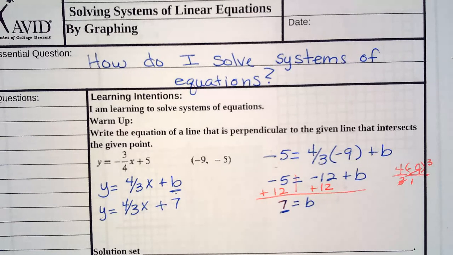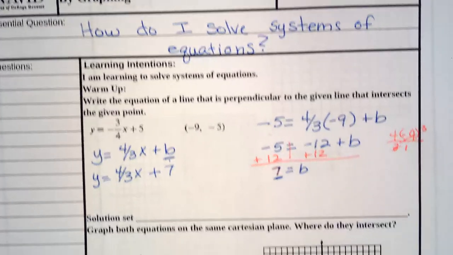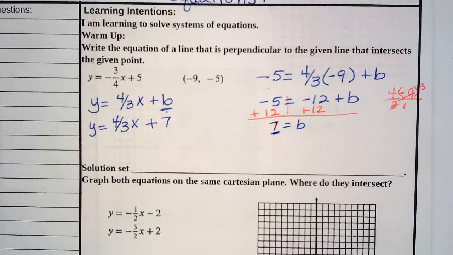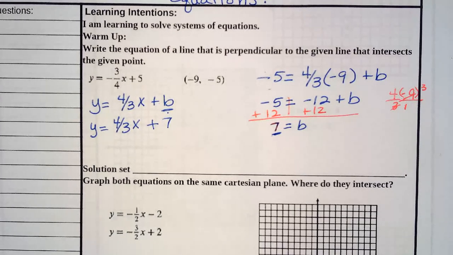Okay, so now we're looking at solving systems of equations. First of all, we have to decide what is a solution set. A solution set for a system of equations are the point or points in common.